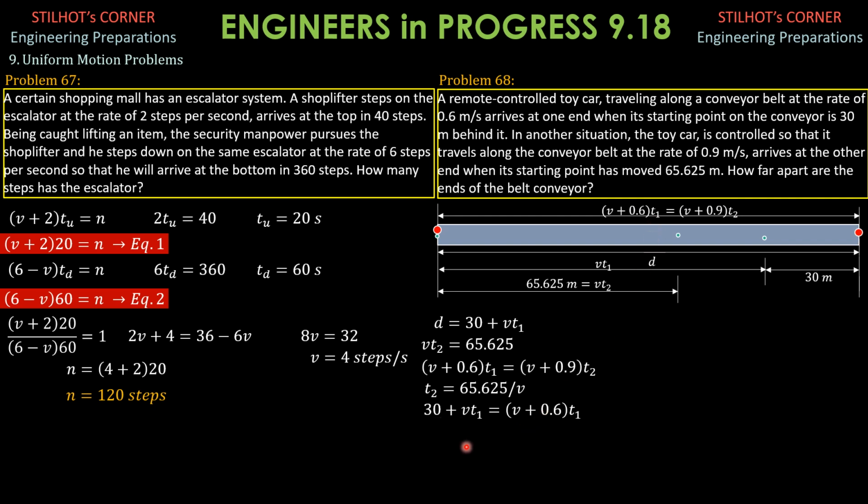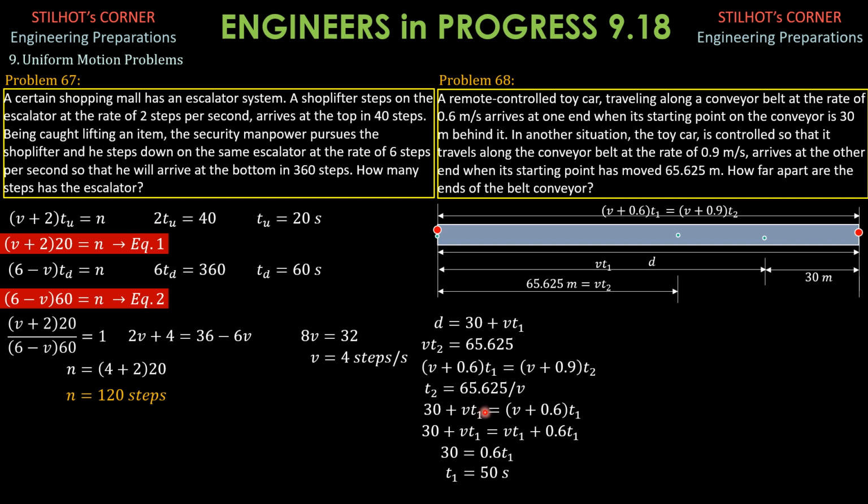So expanding, because we can cancel out VT1 here, we have VT1 also on the right side. So 30 plus VT1 equals VT1 plus 0.6 T1. We can cancel VT1. So that means T1 equals 30 over 0.6. And 30 over 0.6 is equal to 50 seconds.